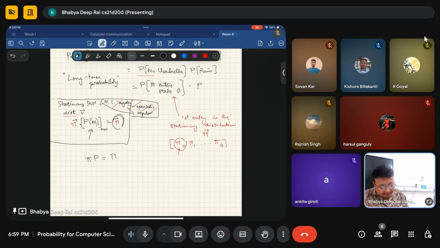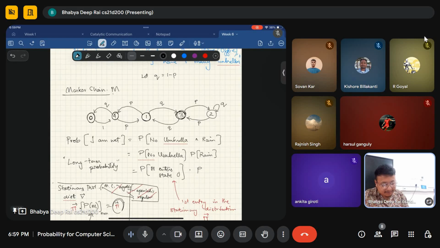And pi is of course pi 0, pi 1, pi 2, and so on till pi 3, pi 4, times the matrix of the Markov chain.